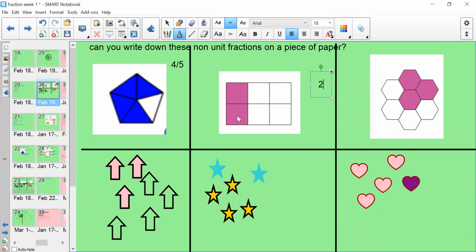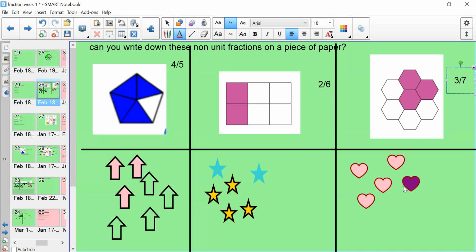And then we've got 1, 2, 3, 4, 5, 6. So we've got 6 in total. So the denominator is 6. And we say that that is 2/6. And then this picture, we've got 3 shaded out of 1, 2, 3, 4, 5, 6, 7. So we can call that 3/7.